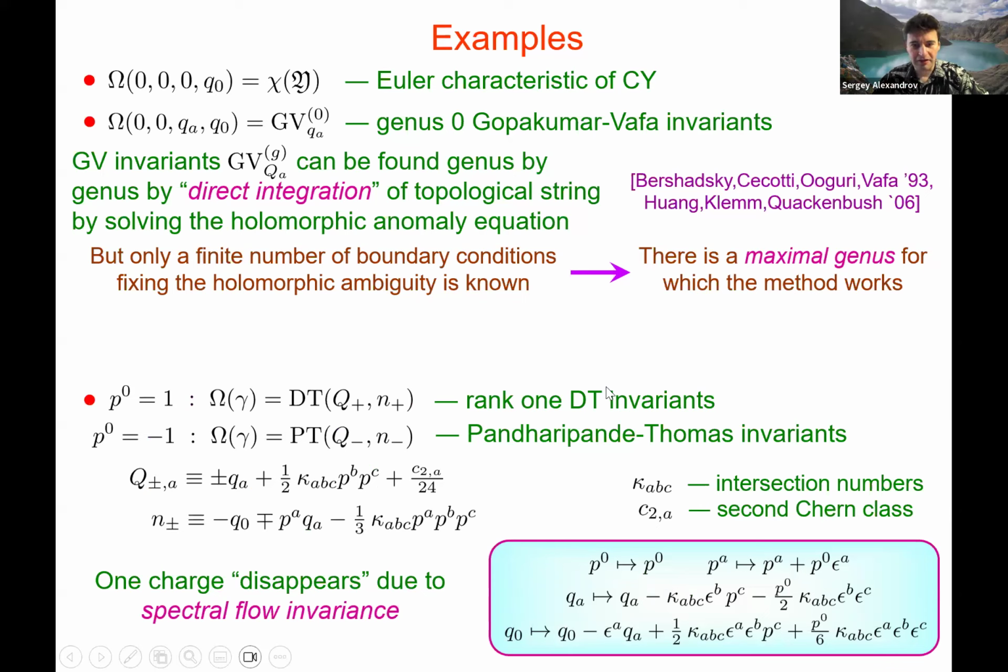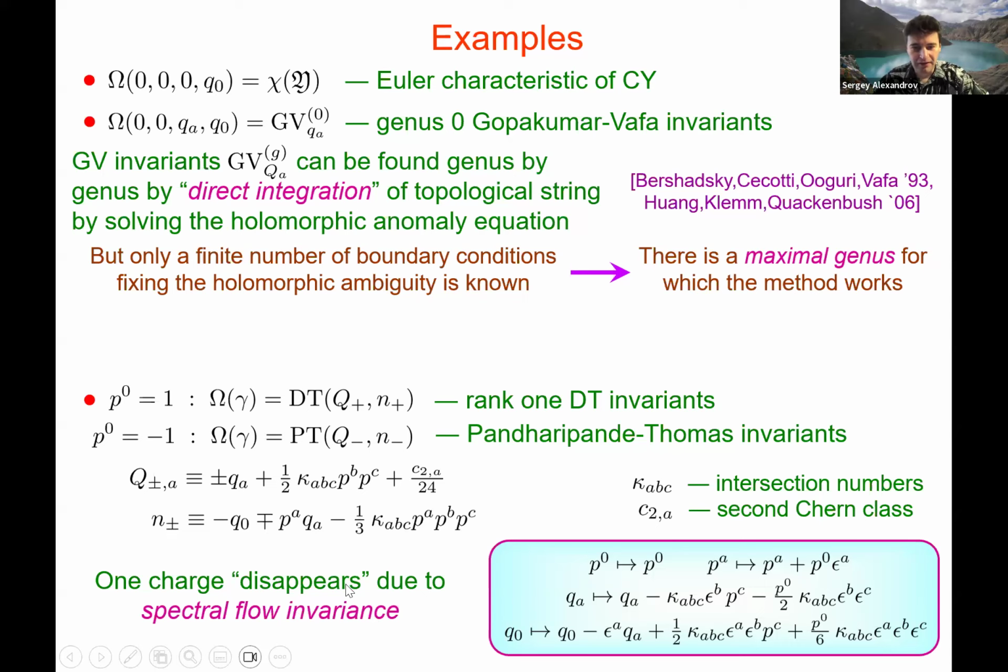In the rank 1 case they are just the ordinary Donaldson-Thomas invariants, and in the -1 case they are called Pandharipande-Thomas invariants. As you see here, they are parameterized by just two charges, this capital Q and small m. You can ask, where is the other charge? Because we expect D4, D2, and D0 charges, and here I have only D2 and D0. So where is the D4 brane charge?